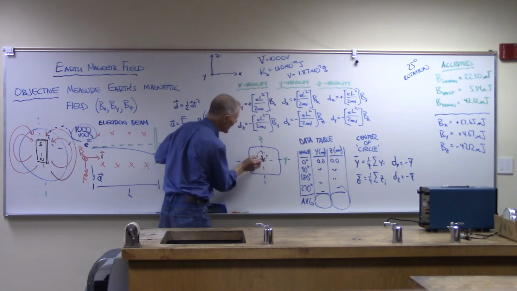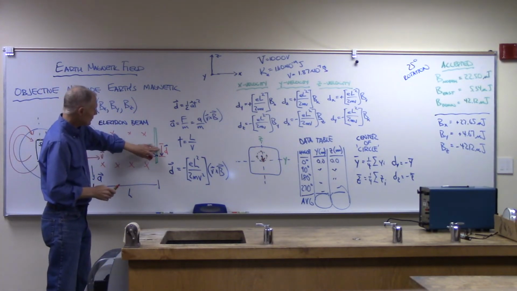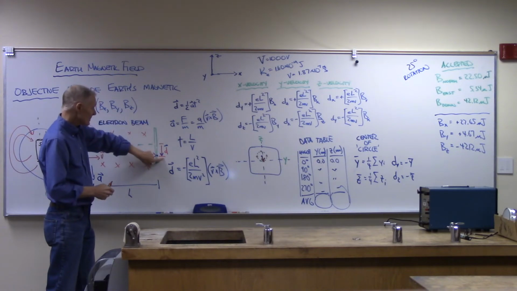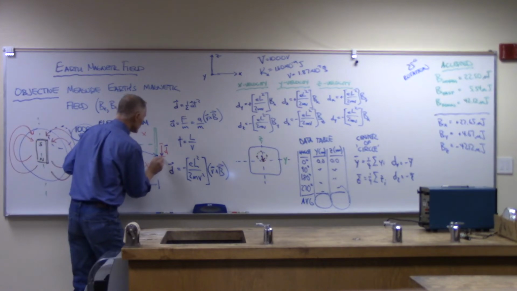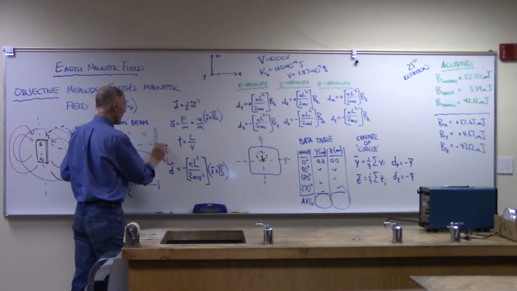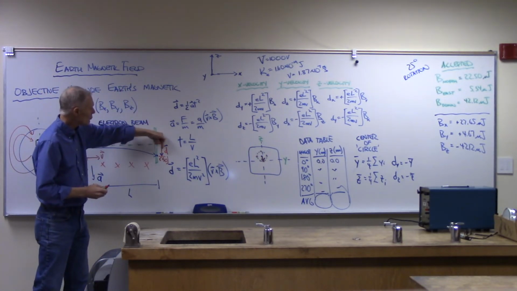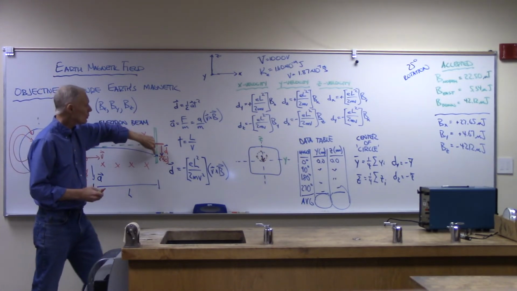That's where we made that first measurement. So this is like our 0, 0 point here, where we started off at 0, 0. This is what we've identified as the center of the circle, and the deflection is directed away from the center of the circle back to the origin.